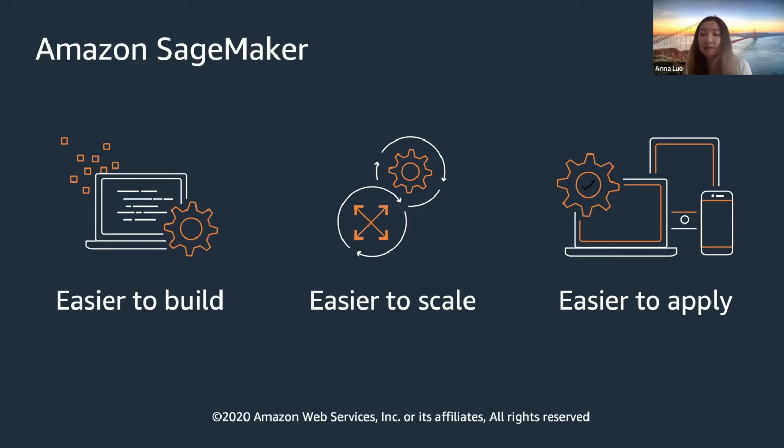It also provides common machine learning algorithms as well as the RL-lib algorithms for reinforcement learning. You can deploy a reinforcement model into a secure and scalable environment by launching it with a few clicks. So in a nutshell, SageMaker makes it easy for you to build, scale, and apply your RL models in practice.